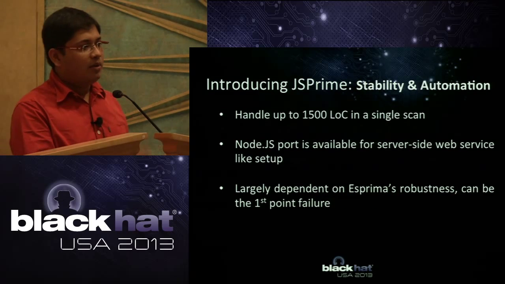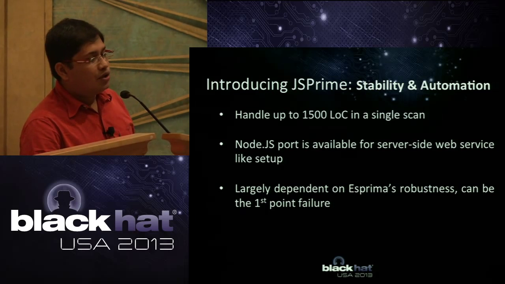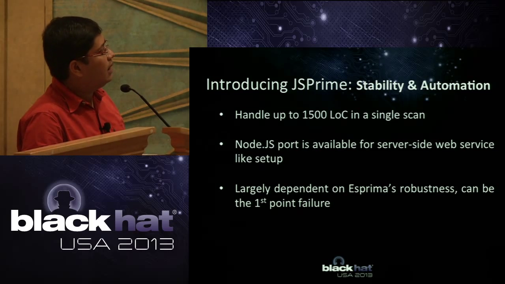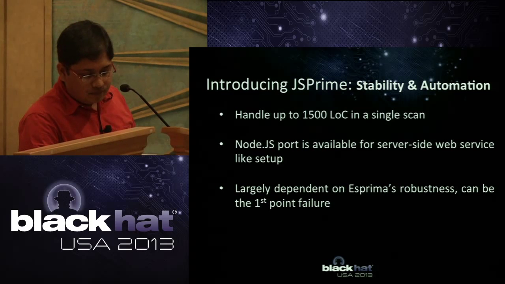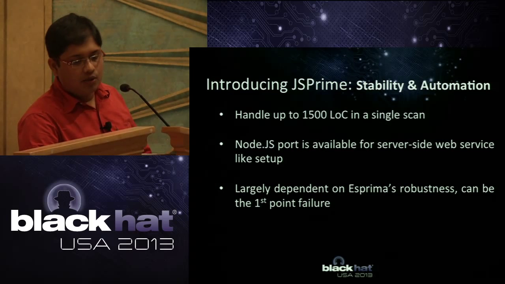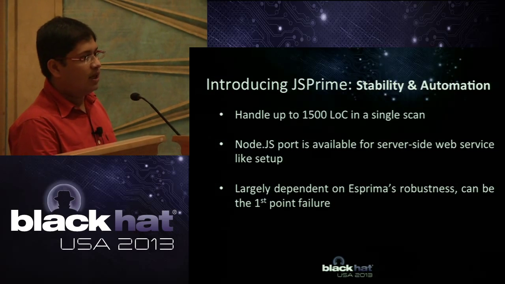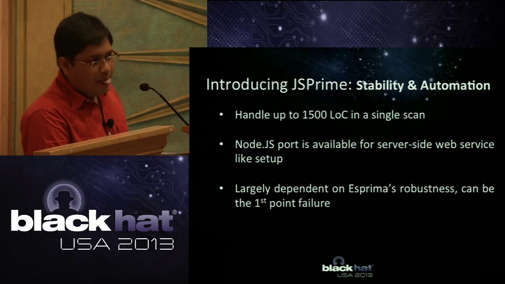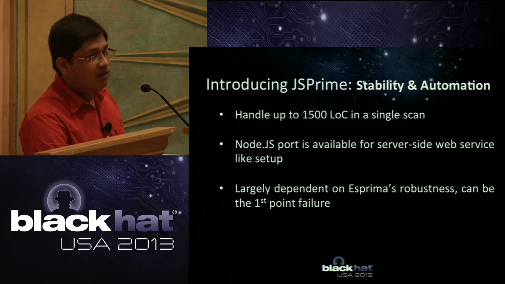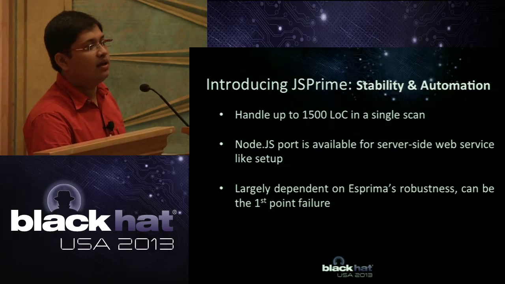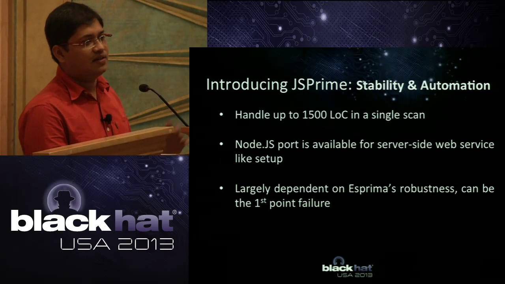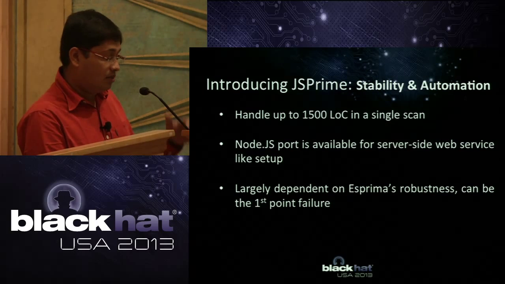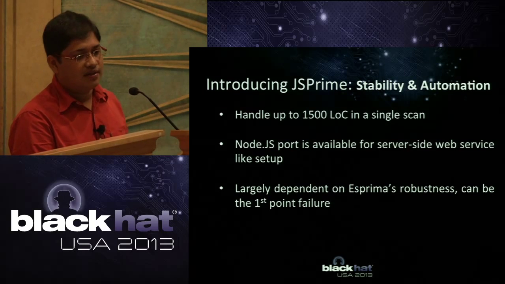What about stability and automation? So far we have benchmarked that up to 1500 lines of code this tool can handle in a single scan. It might be able to scan longer JavaScript, but this was the longest JavaScript file we had to test. We do have a Node.js port so that you can run it on a backend server for large-scale automation. You can pass JavaScript code and it can return you results.